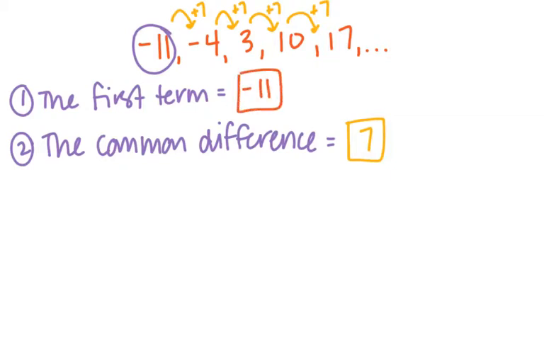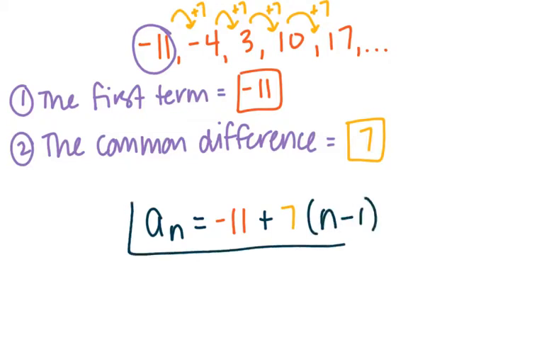If I come down here and write my equation, it's going to be my first term, negative 11, plus my common difference, 7, times n minus 1. The reason it's n minus 1 instead of just a regular n is because we're starting at term 1 and not term 0.